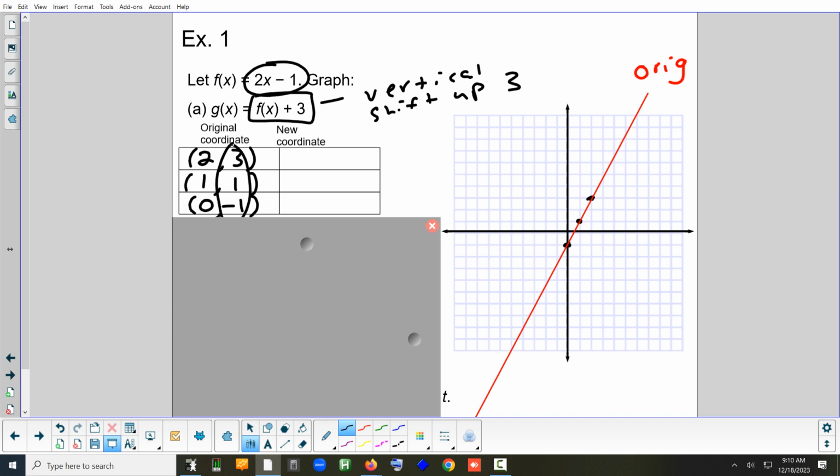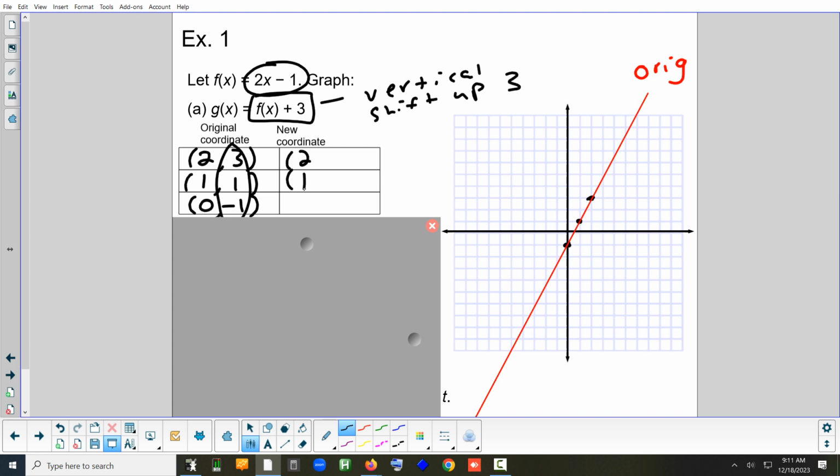Well, what's the number? 3. We're adding 3 to all the y values, because it says plus 3. So if we're going to change the y values, the x's don't change.